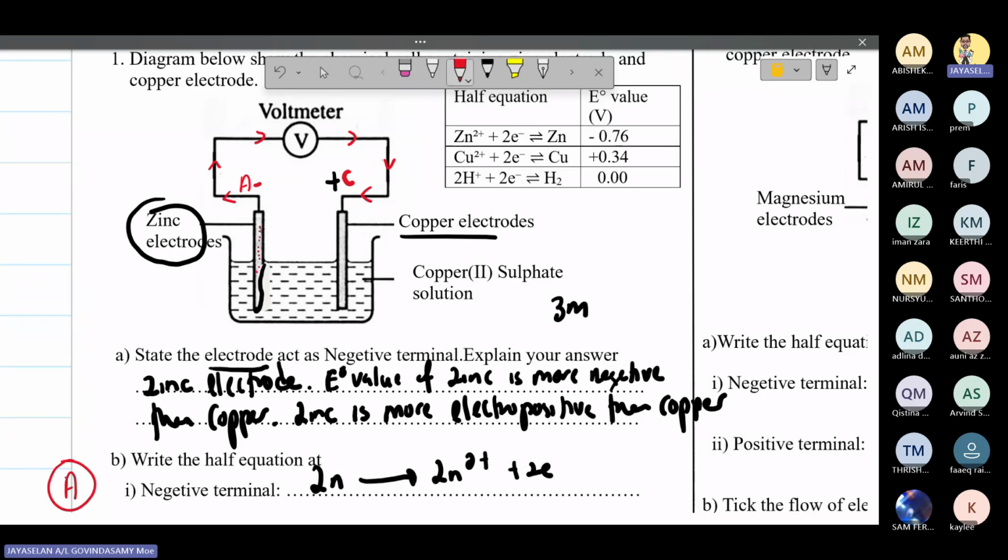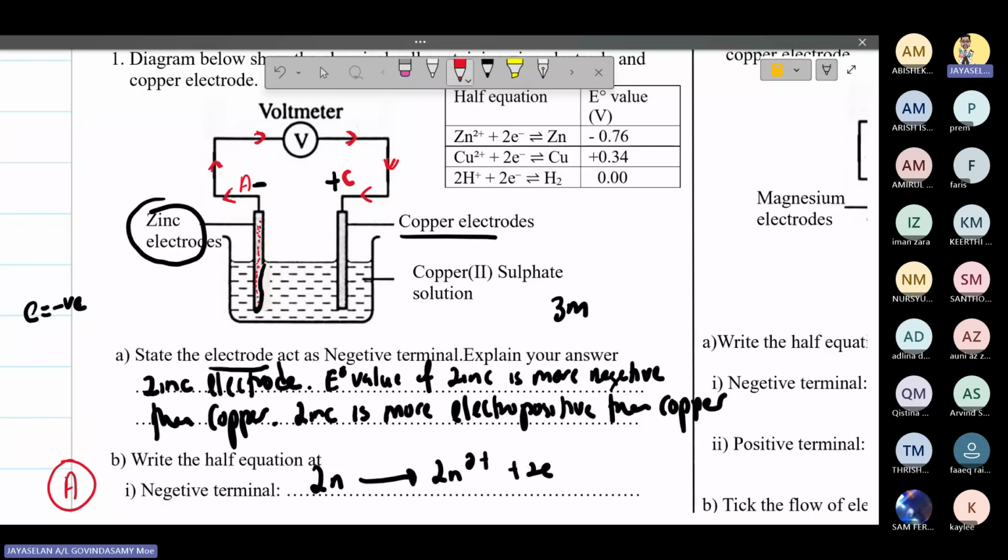It releases two electrons, and many zinc ions form. The concentration of electrons is very high. What is the charge of electron? Electron is negative. That's why this is the negative terminal. So the electrons will move from the negative terminal to the positive terminal.